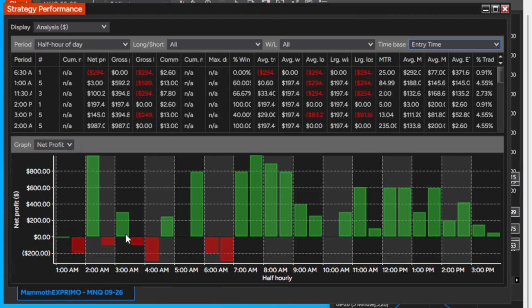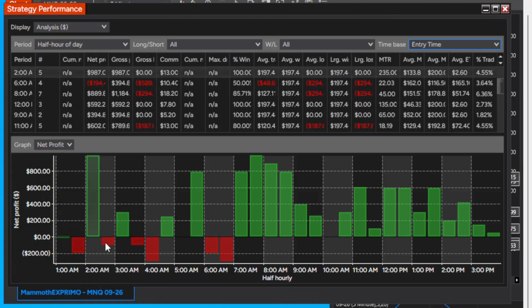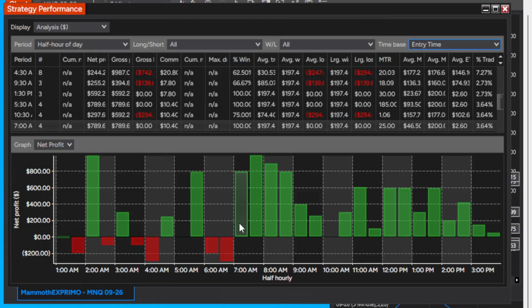So for this, in the mornings from 1 a.m. to 6:30 to 7 a.m., you have more winners. Right, overall you're still winning, but then from 7 a.m. all the way to 3, this is a pretty healthy chart, right?